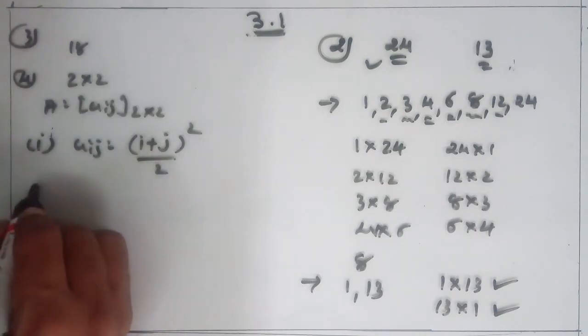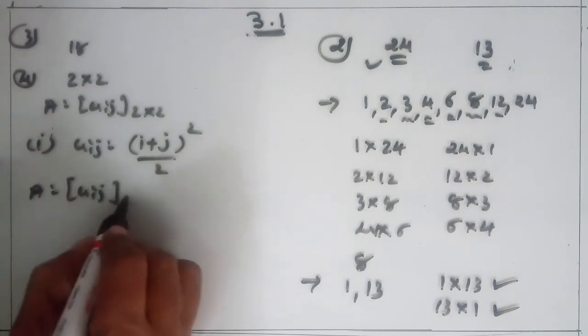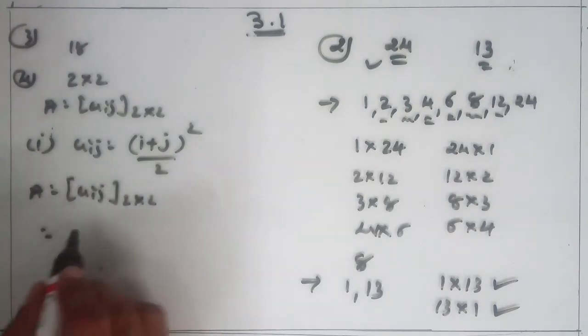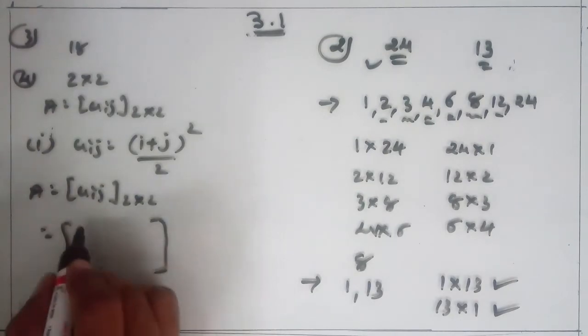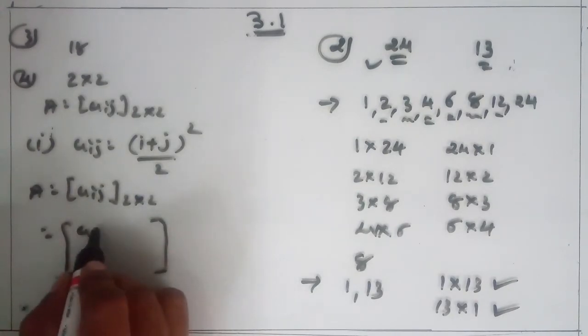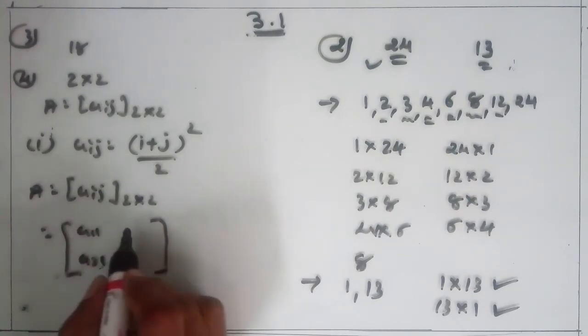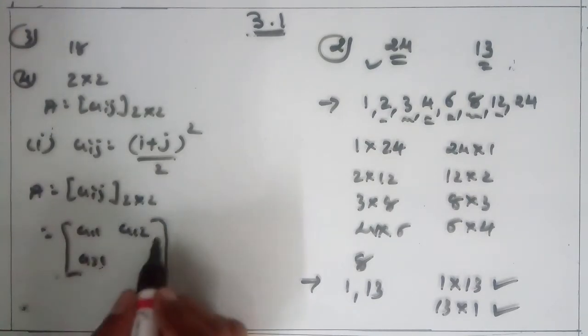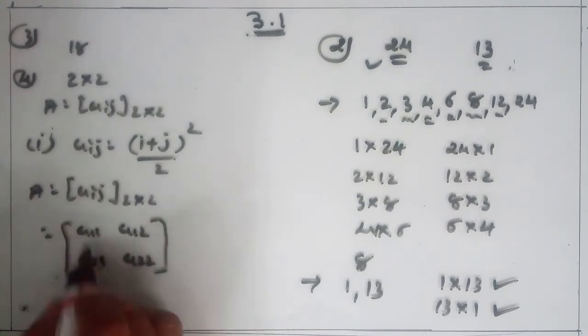Here A is a matrix of type 2 cross 2. So this matrix has two rows and two columns: A11, A12, A21, A22.